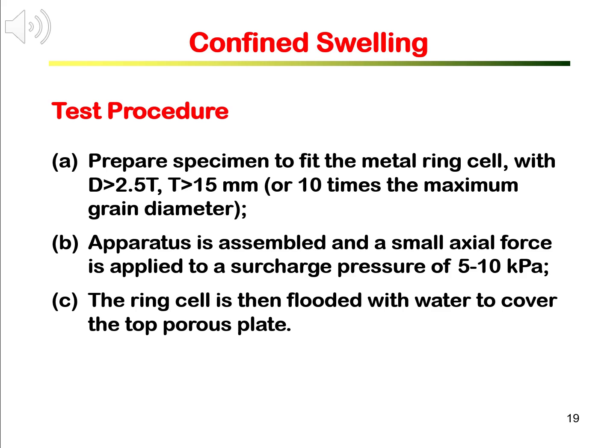As the specimen should be confined, we need to prepare the specimen in circular disc form to fit in the metal ring, or to fabricate the metal ring to fit the disc. Either way, the metal ring must fit the disc specimen.